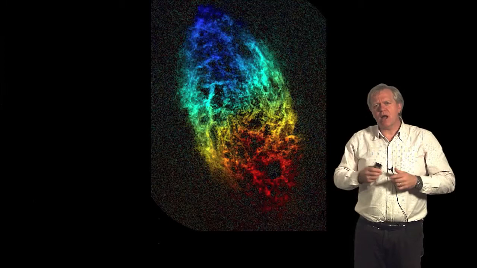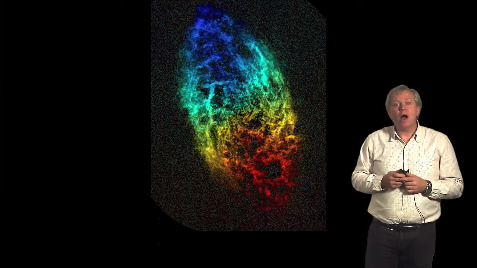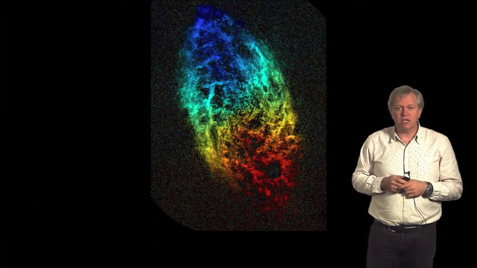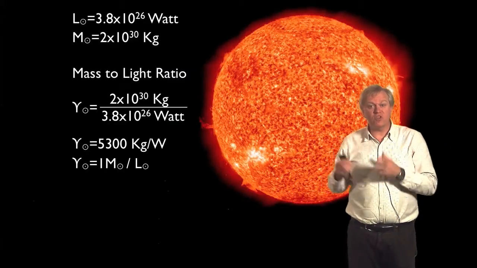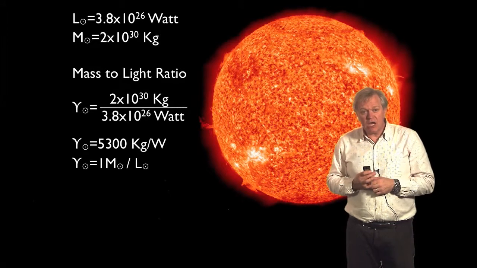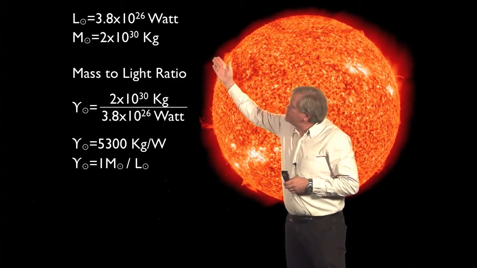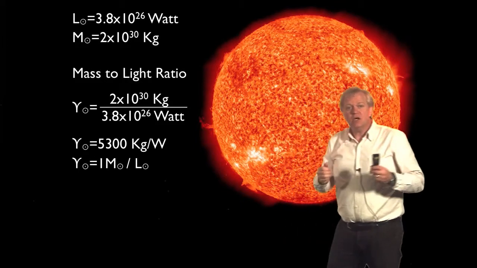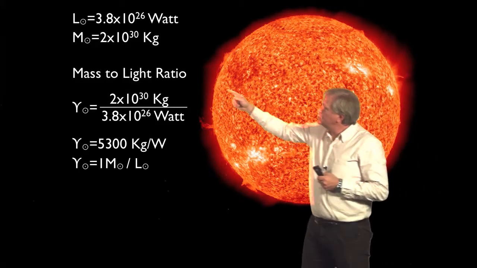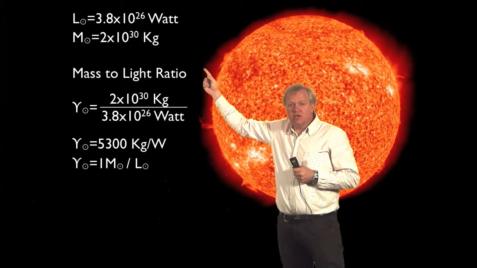So how would I go out and measure how heavy something is based on its light? Well, we can start the experiment with looking at something we do know very well, the sun. So the sun has a brightness of 3.8 times 10 to the 26 watts and a weight, or a mass, of 2 times 10 to the 30 kilograms.